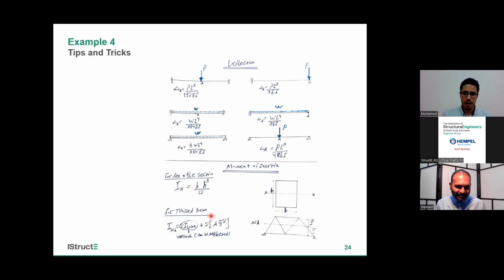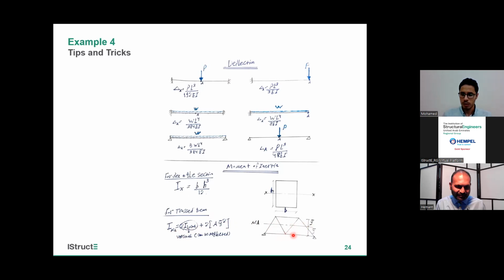And we will also have some trussed members or trussed beams to calculate our deflection, and it's important to know how to calculate this. We calculate about the neutral axis, which will be like this.